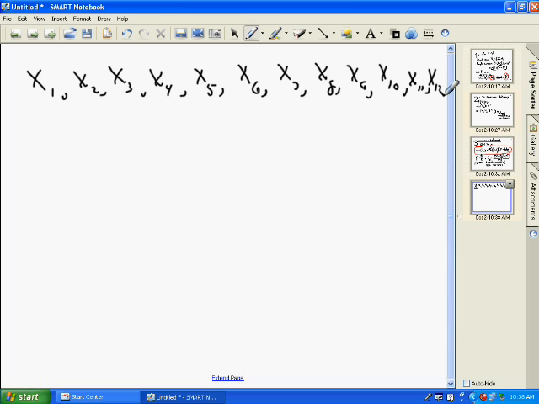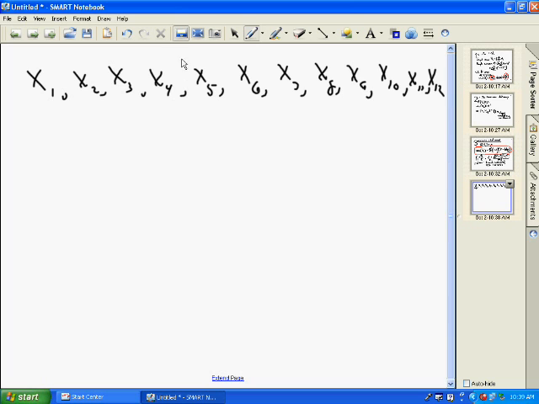We have 12 data points. Now, with most correlated data, the lag j correlation coefficient goes towards 0 if the lag is large enough. So what we're going to do is take this data and divide it up into batches. Let's say we have 12 data points.